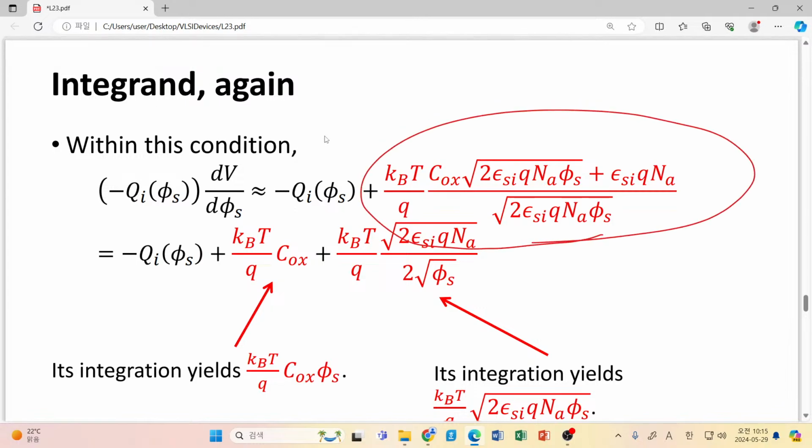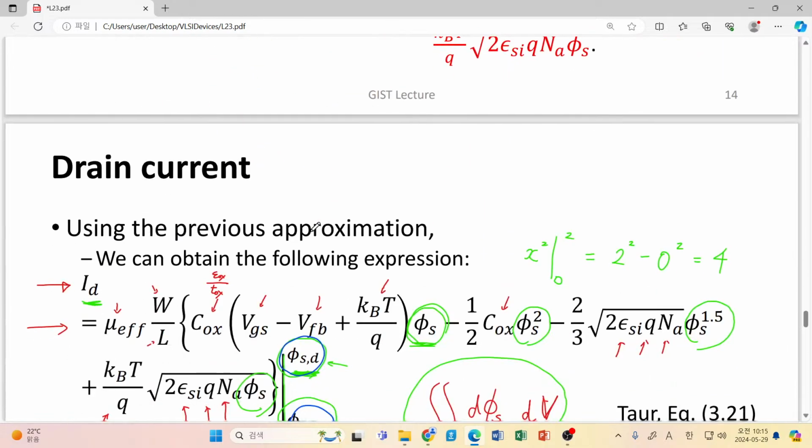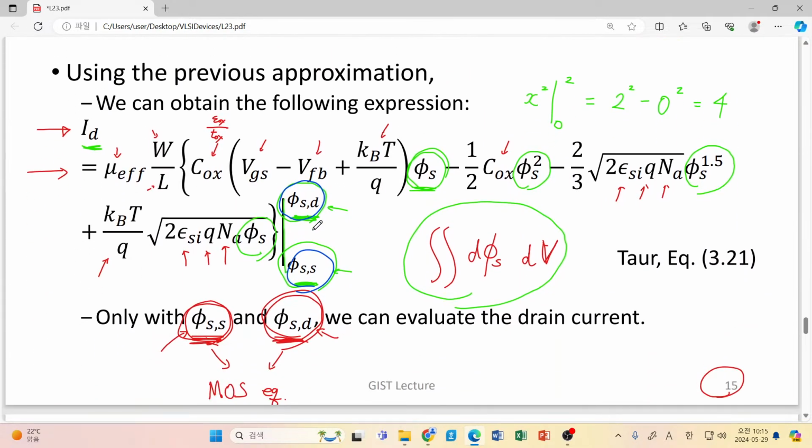Wow, it still looks complicated, but it can be written as a constant and a surface potential dependent part, and they can really be approximated. So using this condition, we were able to derive equation 3.21.